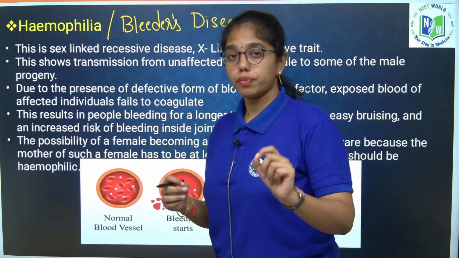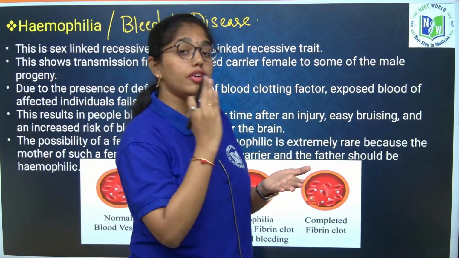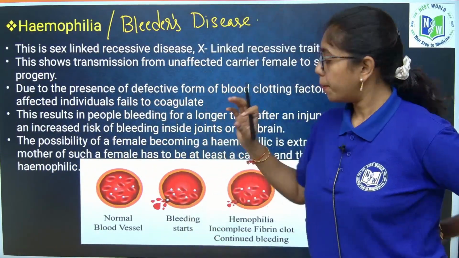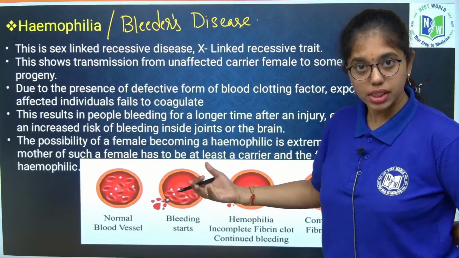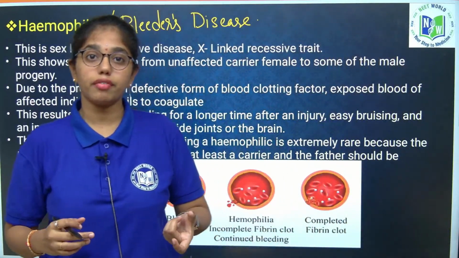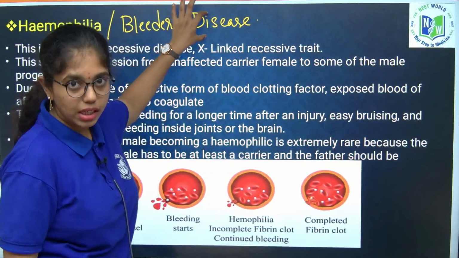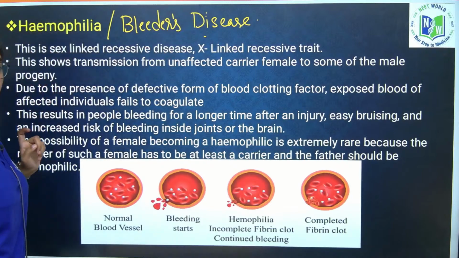Mutation of any one of the clotting factors will not allow the blood to clot whenever injuries occur. This disease is called bleeder's disease, which you will also call hemophilia.